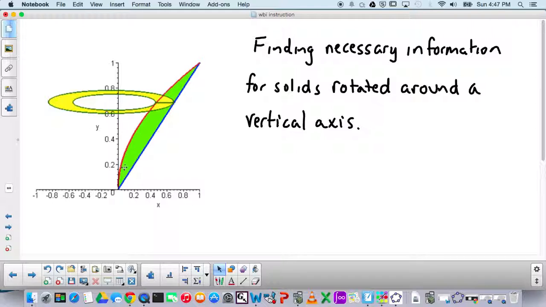So our bounds will go along the y-axis, which means we're going to have to write our functions in terms of y, meaning we have to get them in the form of x equals something in terms of y, because we'll be integrating with respect to y to find our volumes when we get to that point.